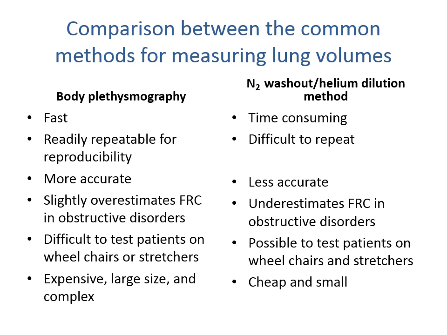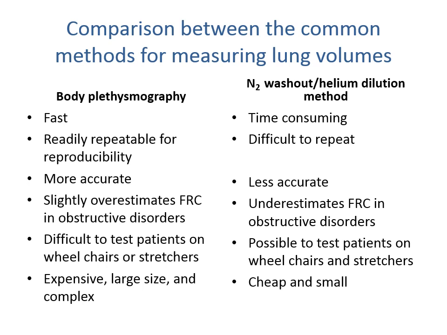In body plethysmography it is readily repeatable for reproducibility. In nitrogen washout and helium dilution it is difficult to repeat because the test is too long and more time is required for the lung to equilibrate and to clear inert gas in the dilution technique.